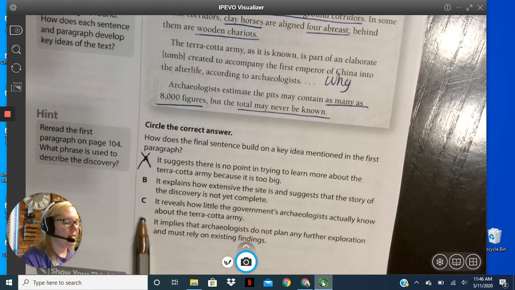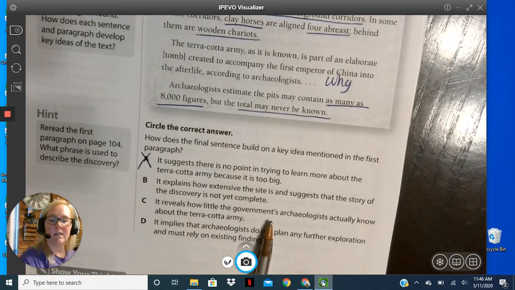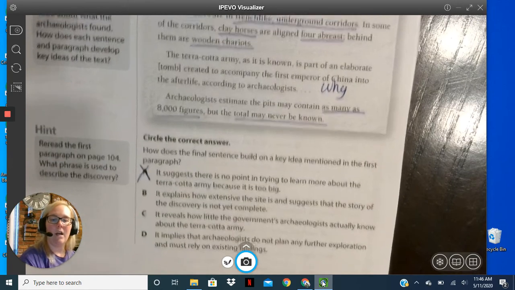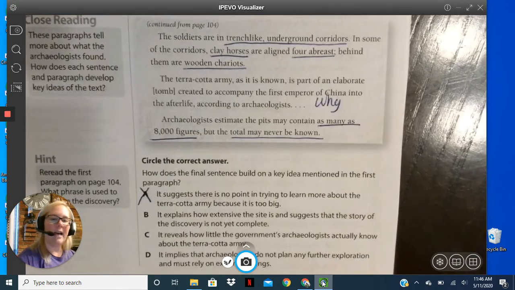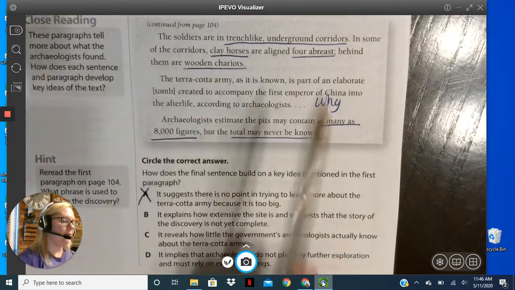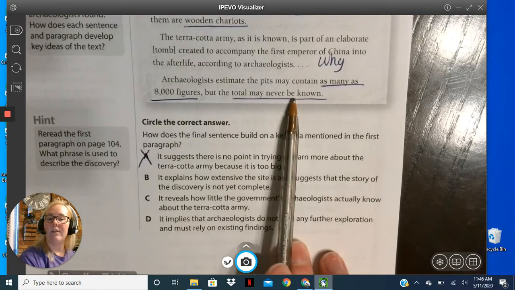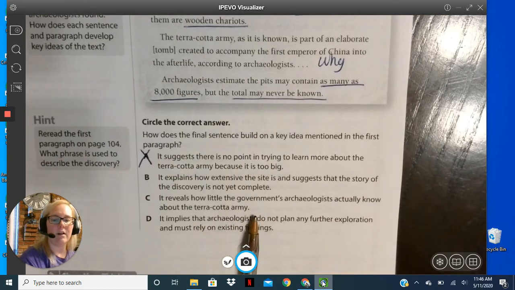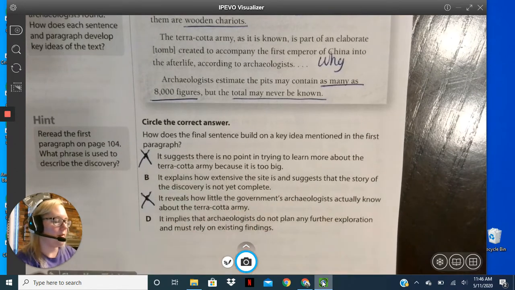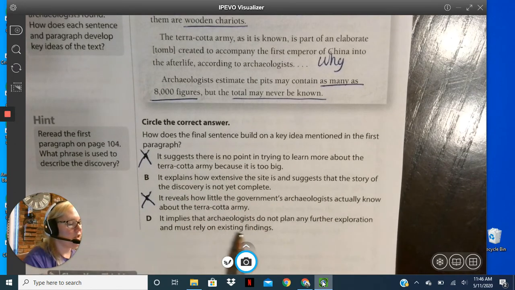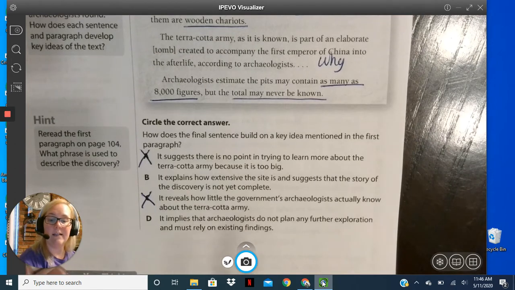C says it reveals how little the government's archaeologists actually know about the Terracotta Army. That's not true at all because we just had paragraph 3, 4, 5, and 6 tell us descriptively about the Terracotta Army. So we do know that the government's archaeologists actually do know a lot about it. So not C. D says it implies that archaeologists do not plan a further exploration and must rely on existing findings.